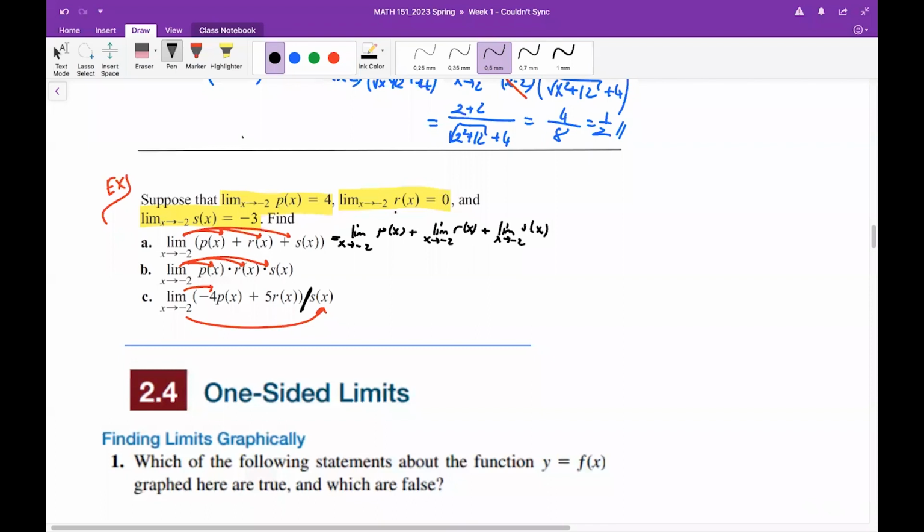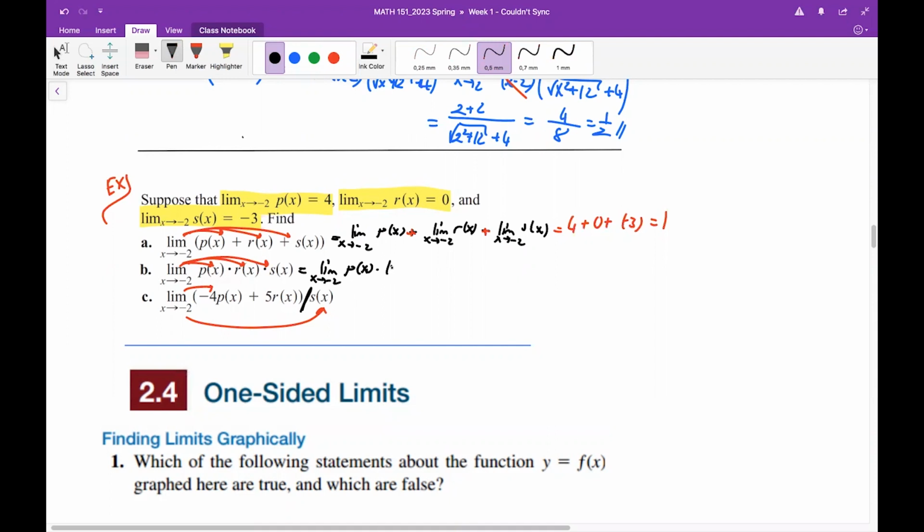You see, I distributed the limit operation over the sum. And then what you need to do is to use this information. Limit of p of x is 4, r of x is 0, s of x is minus 3, so the result is 1.